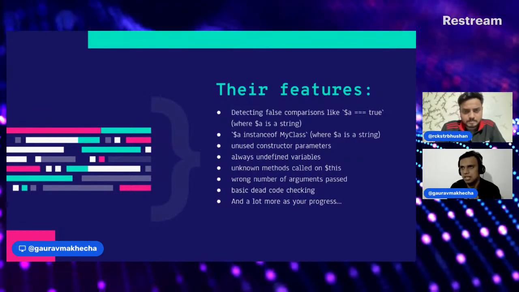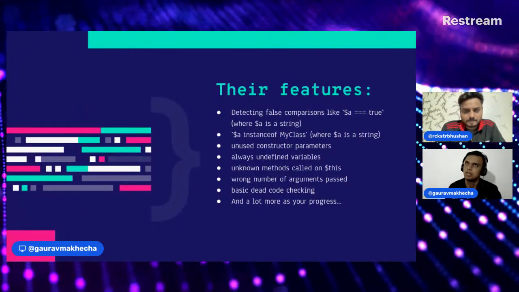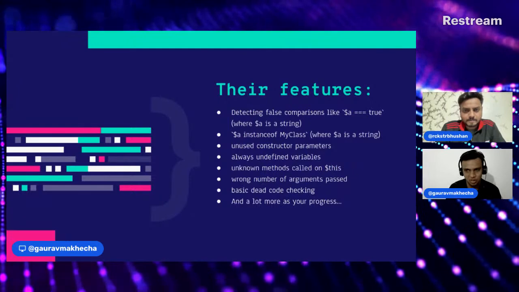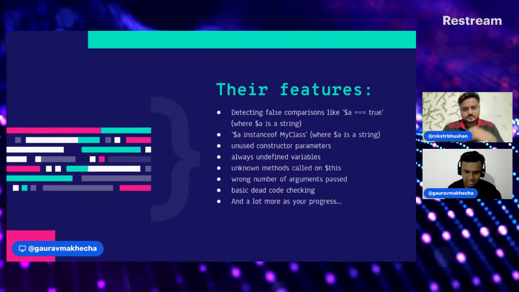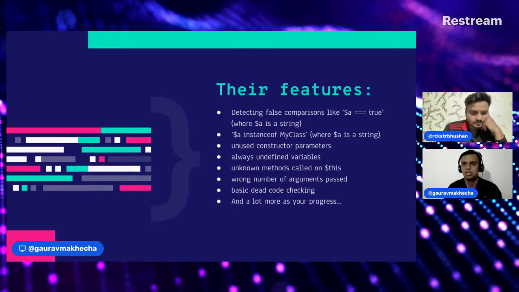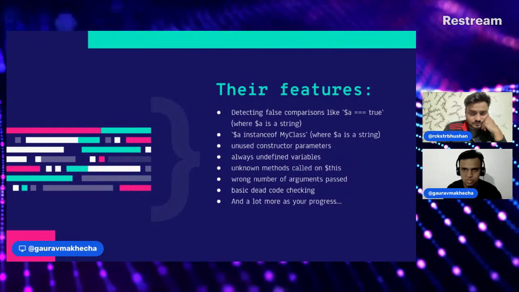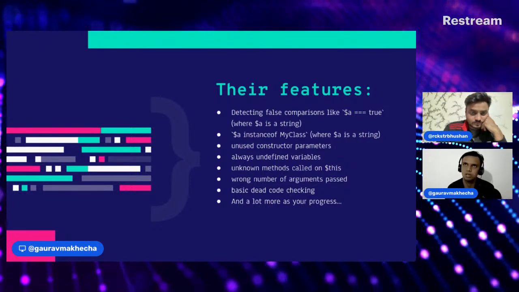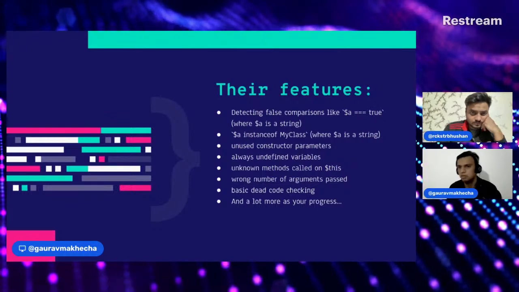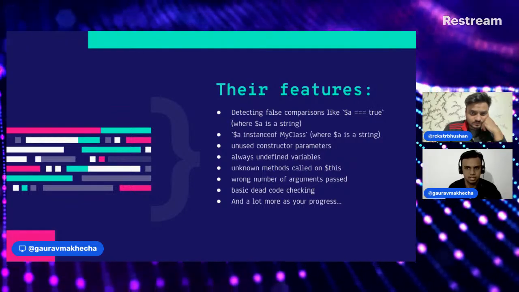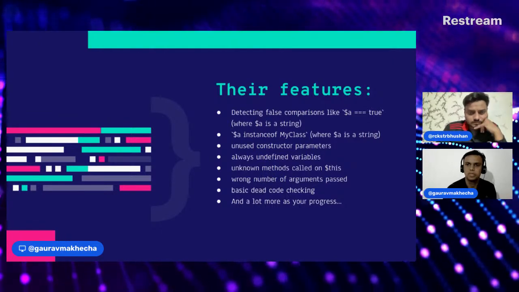So it basically guards you against different possibilities, because at runtime it's not going to be the same as your local environment. So we have to take a lot of care. The whole static analysis thing is all about adding guards, being very sure about how your program is going to behave, being very sure about what type of data will be in a variable, passed to a method, or returned from a function, which basically prevents many of the errors that we face in production.